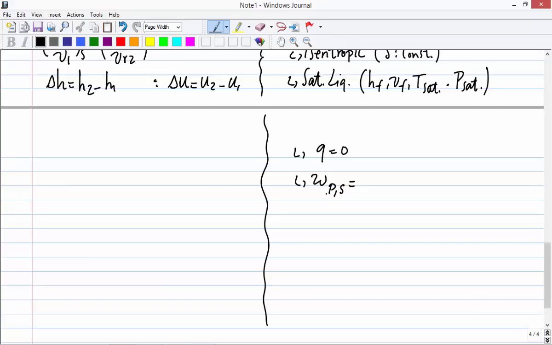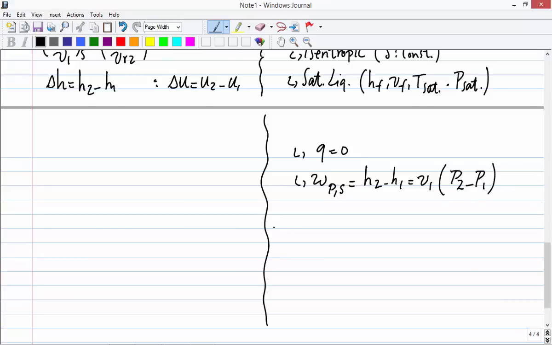And assuming that the process is isentropic, then I can say H2 minus H1 equals V1 or 2. Again, doesn't matter because it's going to be VF, times difference in pressures, P2 minus P1.